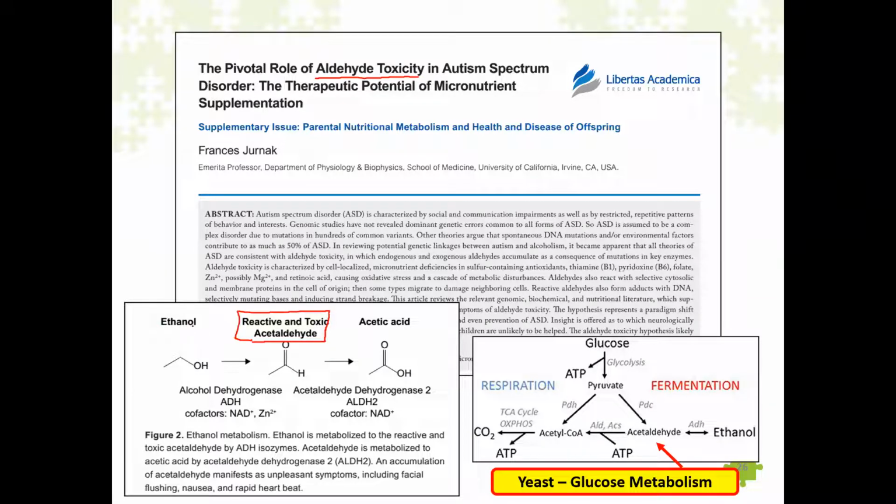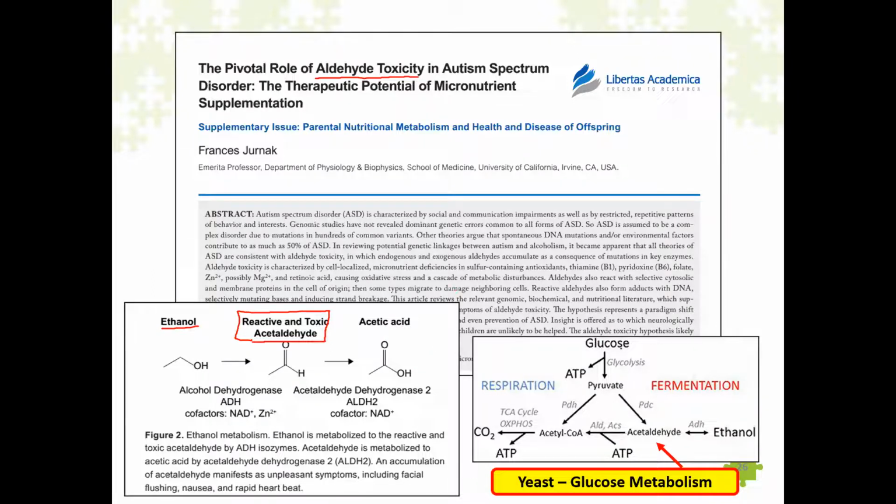So when we consume ethanol, a byproduct or a midway point is acetaldehyde. Acetaldehyde eventually gets converted into acetic acid.